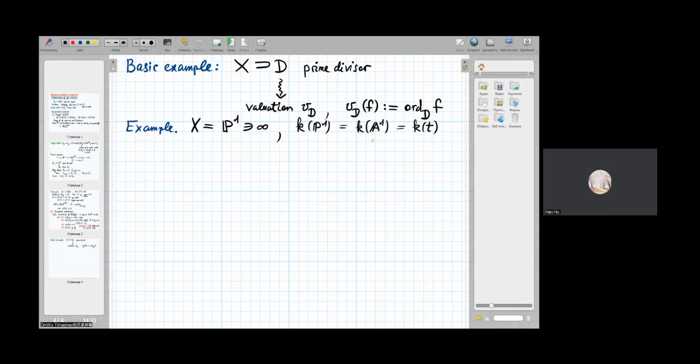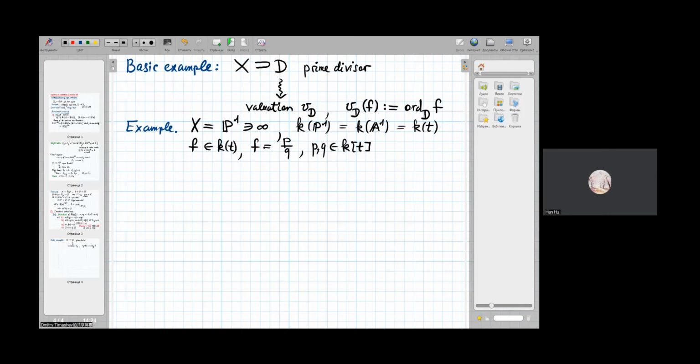Now, if we take any f in this function field, then it can be expressed as the ratio of two polynomials, p over q, where p and q are polynomials in t, that is, regular functions on the affine line.